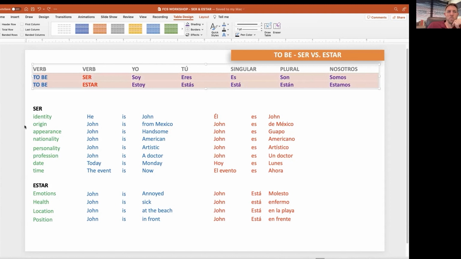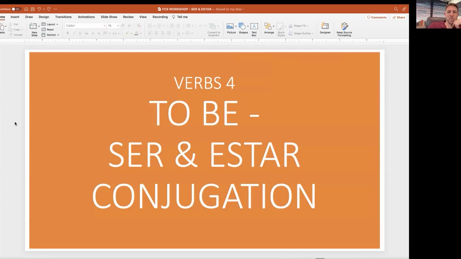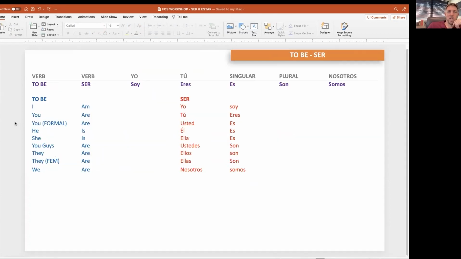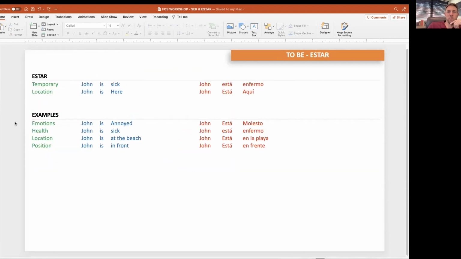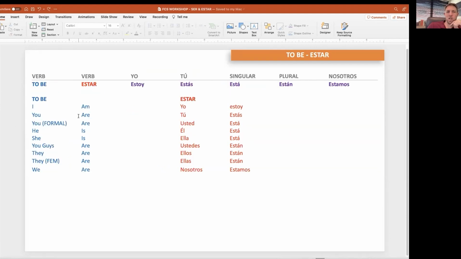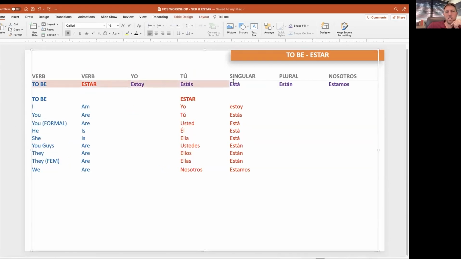Okay, so let me see if I have, yeah, better. So we're going to do one at a time. Okay, we're going to start with estar. So here's the estar conjugation. Okay, so yo estoy, tú estás, mi amigo está, mis amigos están, nosotros estamos.